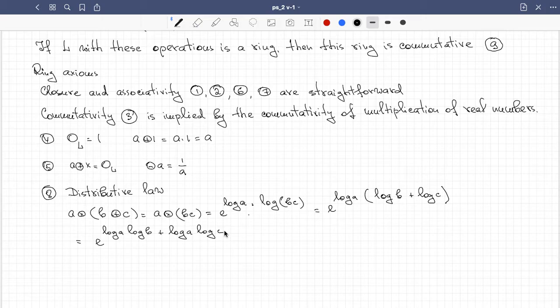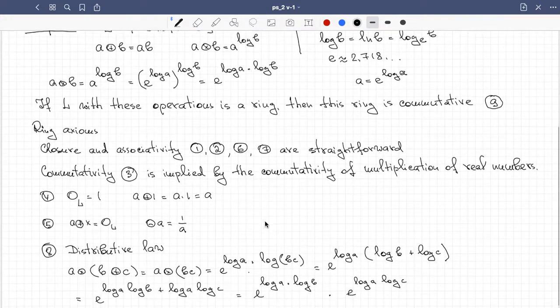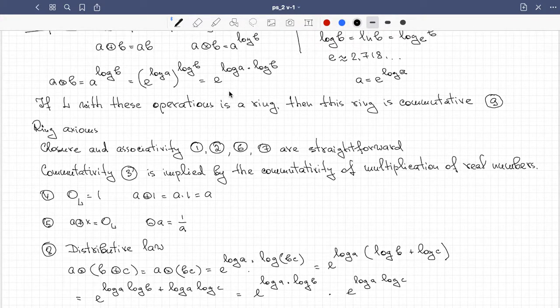Now I can use the property of exponential, e to the log a times log b multiplied by e to the log a log c. What I see here, this is a product in our ring. This is how the product was defined with this formula.